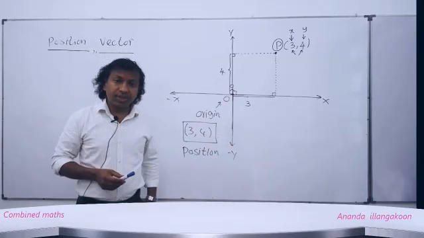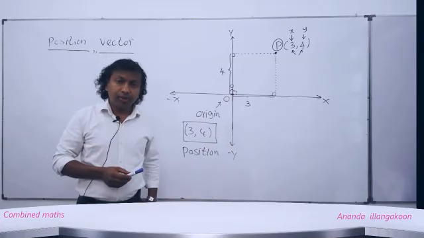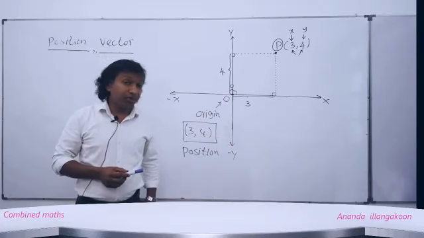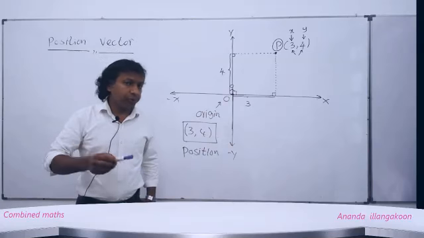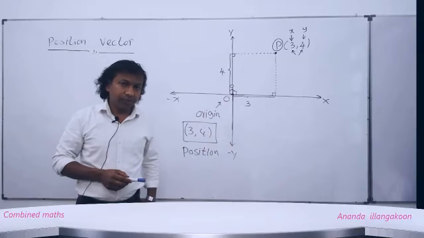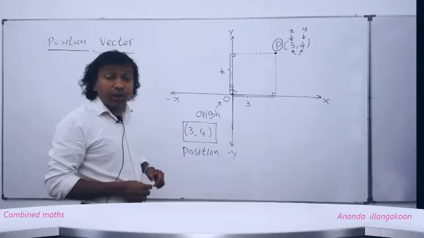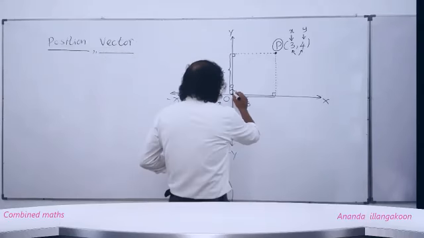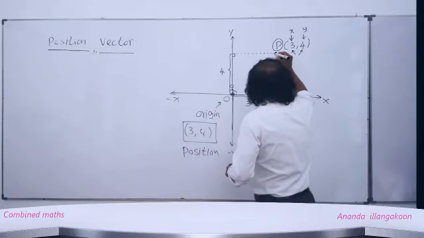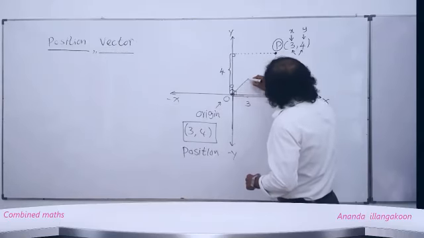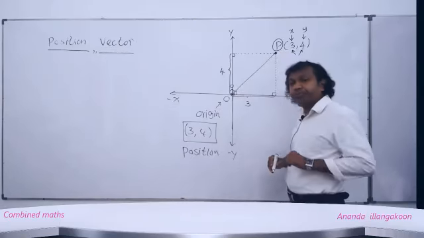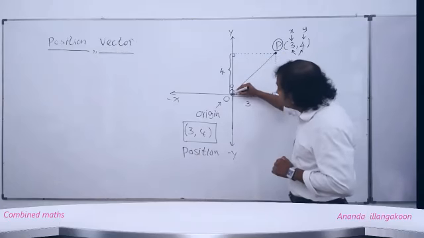People, I suggest another method to explain the position of the point P relative to O like this. First I join this point O and this point P by a line, and I measure this length.